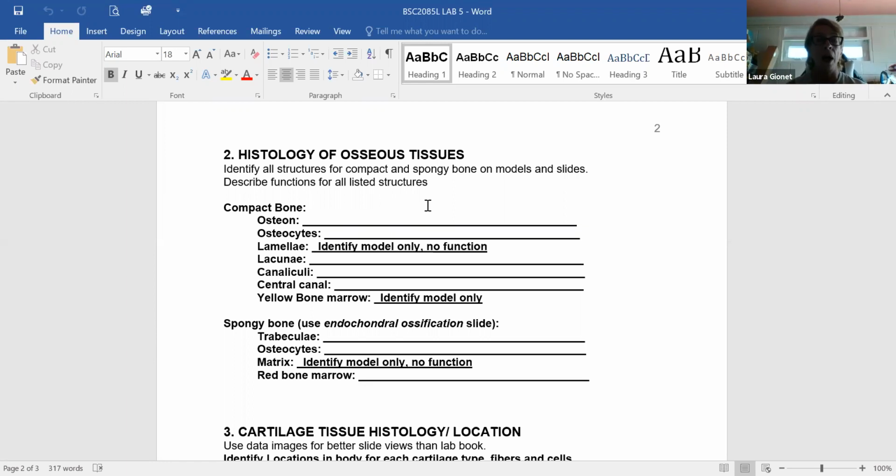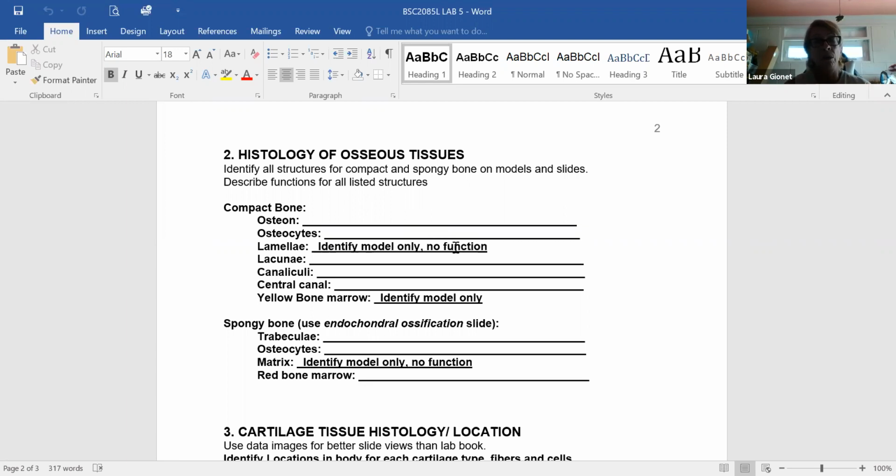Osteocytes maintain bone matrix. Remember, we have osteocytes, osteoblasts, osteoclasts. Osteocytes maintain the bone matrix. They're found in compact bone region. Lamella, just identify on the model only. Lamella is just another term for rings. So we have the osteon that's made up of rings of the matrix, the hard stuff.